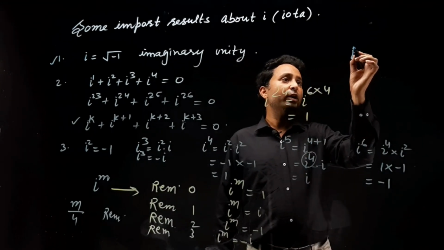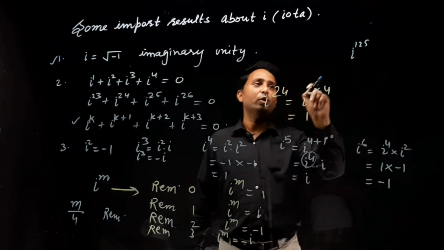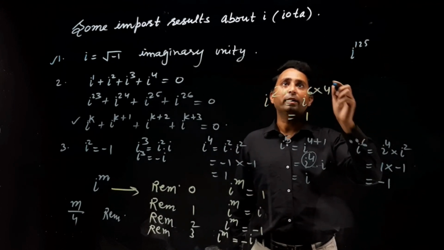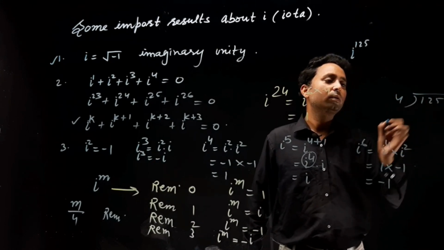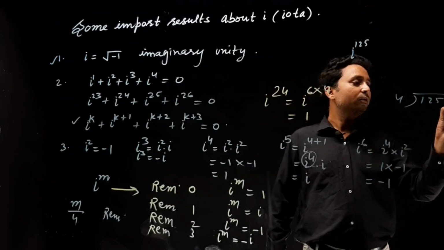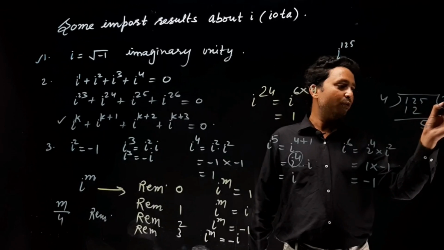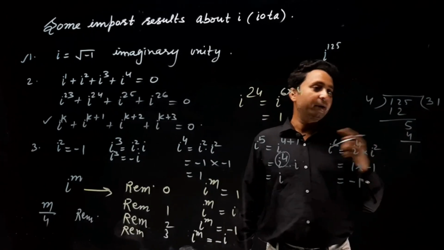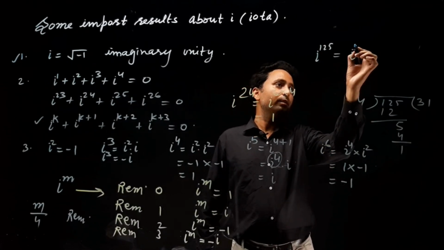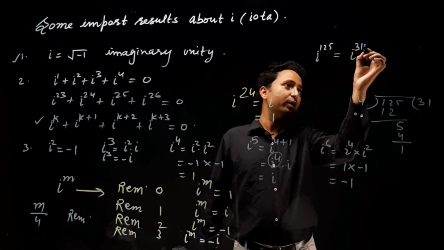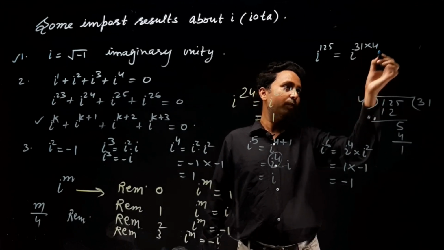Suppose we are given iota to the power 125 and we have to find the value of this number in simplest form. Firstly we divide 125 by 4 and find the remainder. 4 into 31 is 124, the remainder is 1, therefore this number can be written as iota to the power 4 multiplied by 31 plus 1.